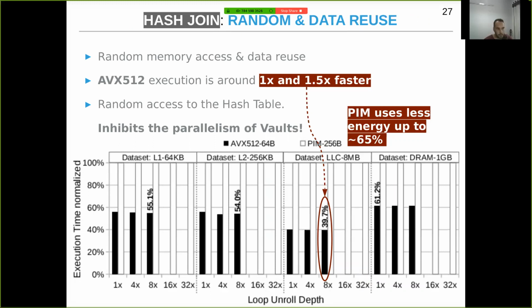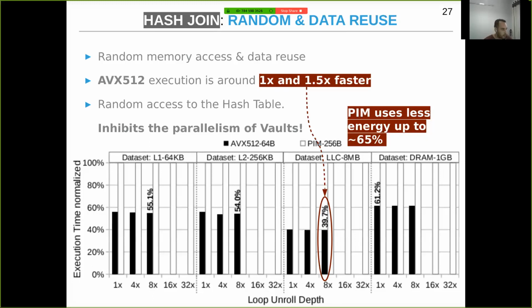On the other hand, the PIM execution uses less energy, around 65% less energy. And the reason is that the random access to the hash table inhibits the parallelism of the vaults. You cannot use all the parallelism inside the memory.